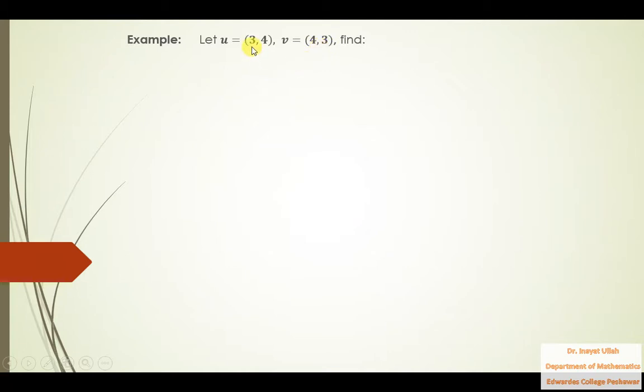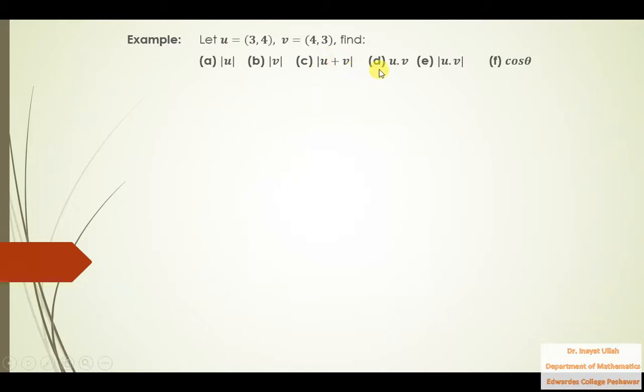Anyways, you are given two vectors u and v, and you are asked to find the magnitude of u, and secondly the magnitude of v, and the third one is the magnitude of the sum of these two vectors. You need to find the sum of u and v and then find its magnitude.